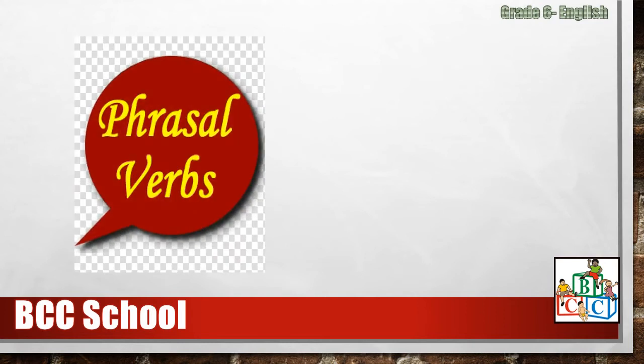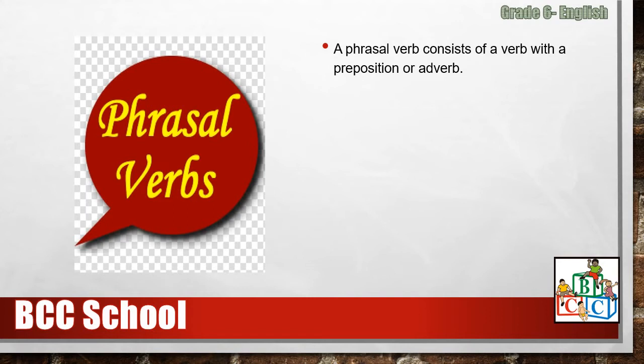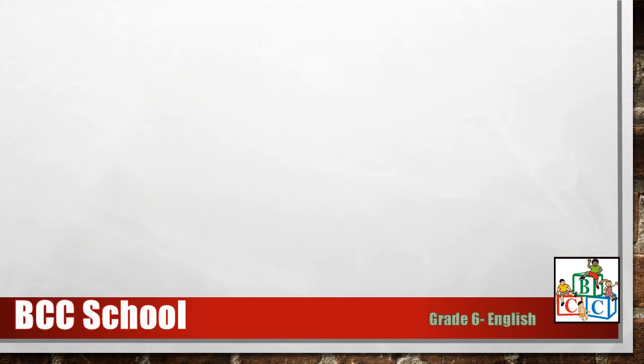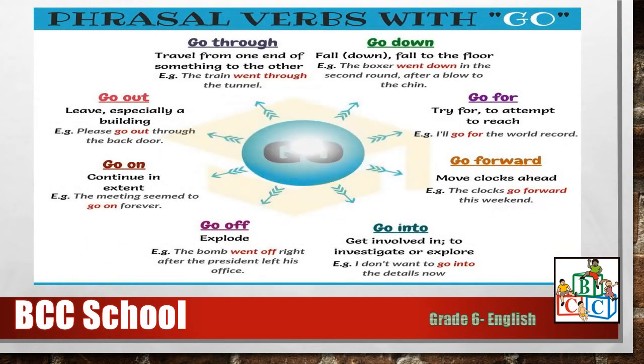Phrasal verbs. A phrasal verb consists of a verb with a preposition or adverb. Phrasal verbs have two parts: the main verb and the adverb. Let us see some phrasal verbs with the verb to go.